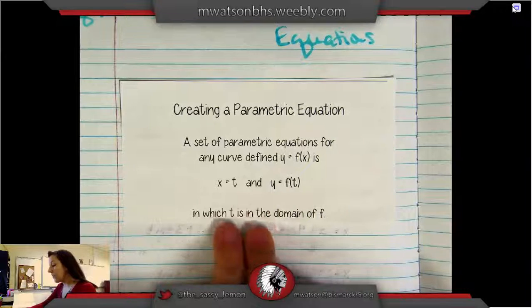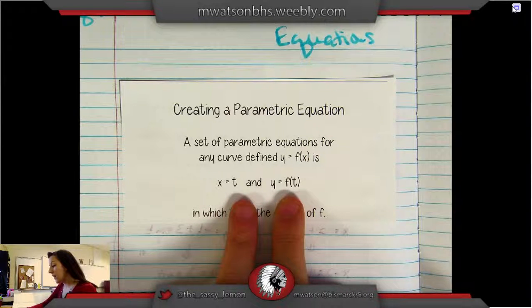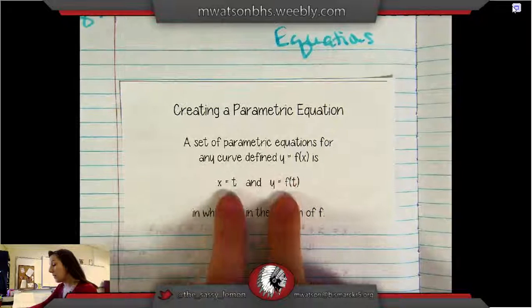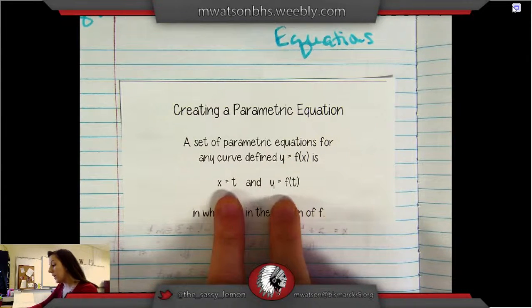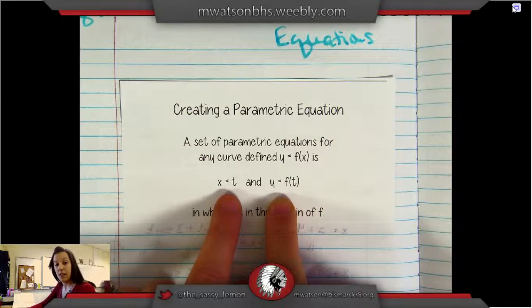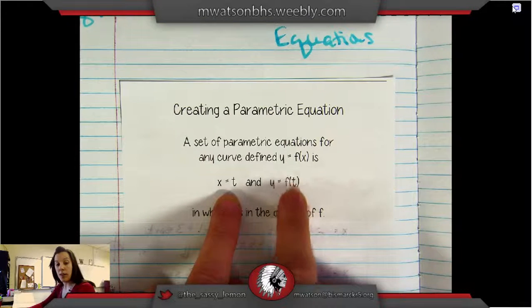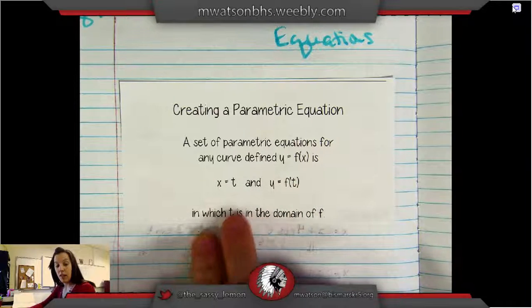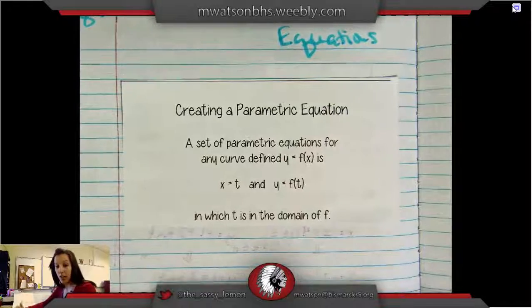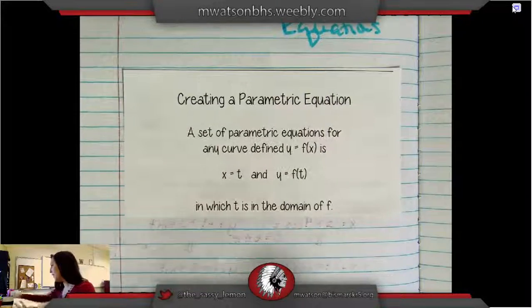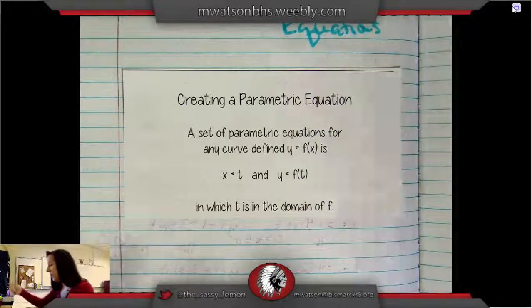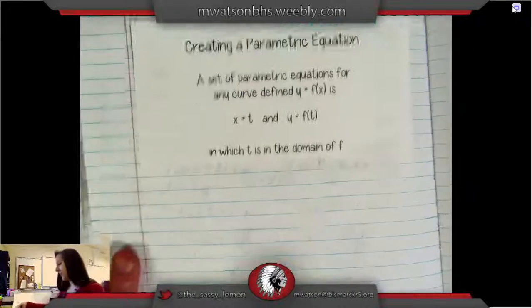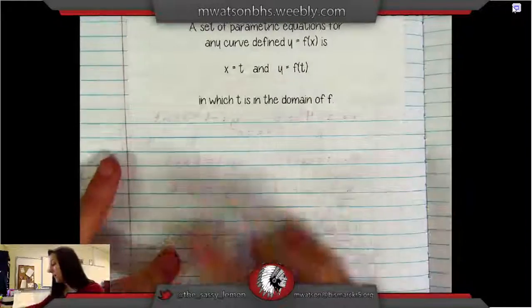And this is just a fancy way of saying that the set of parametric equations for a function is x equals t, and then you evaluate your y function at t. And as long as t is in the domain, you're good to go. Okay, so what does all that mean in terms of actually completing a problem? Well, let's start with an example problem.